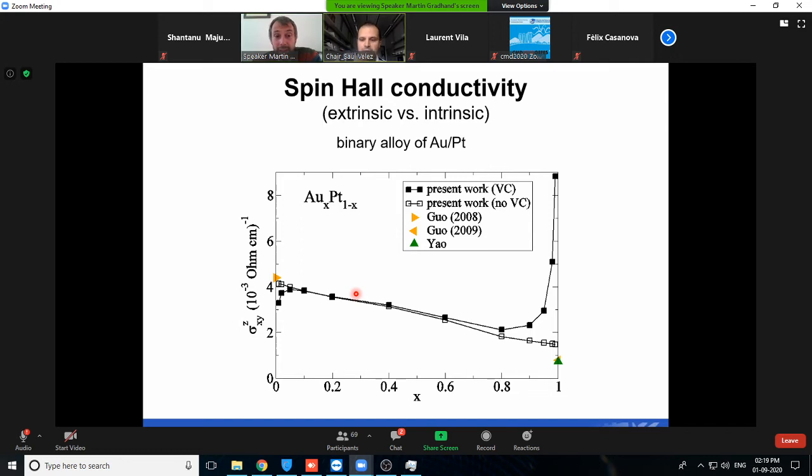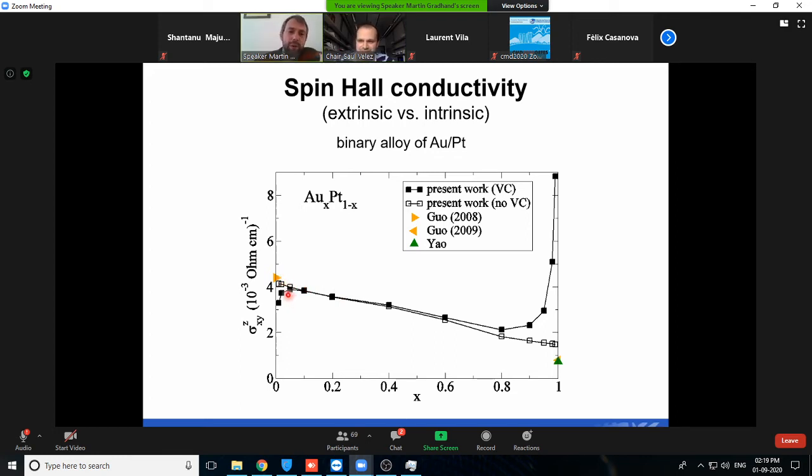So in case you change the material, the impurities that you have in the system, then you could have a different picture. For instance, for platinum, if you have only structural defects, or certain kinds of impurities, you would maybe change the effect of intrinsic and extrinsic dramatically. Exactly, that's precisely the point.